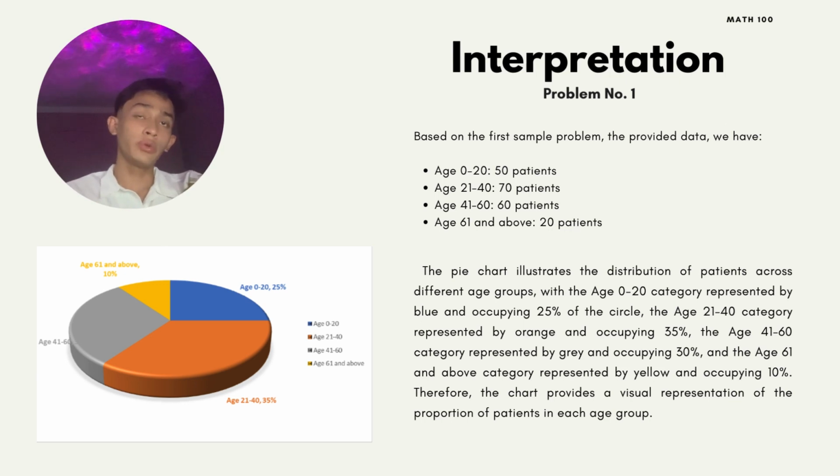The age 21 to 40 category represented by orange and occupying 35%. The age 41 to 60 category represented by gray and occupying 30%, and the age 61 and above category represented by yellow and occupying 10%. Therefore, the chart provides a visual representation of the proportion of patients in each age group.